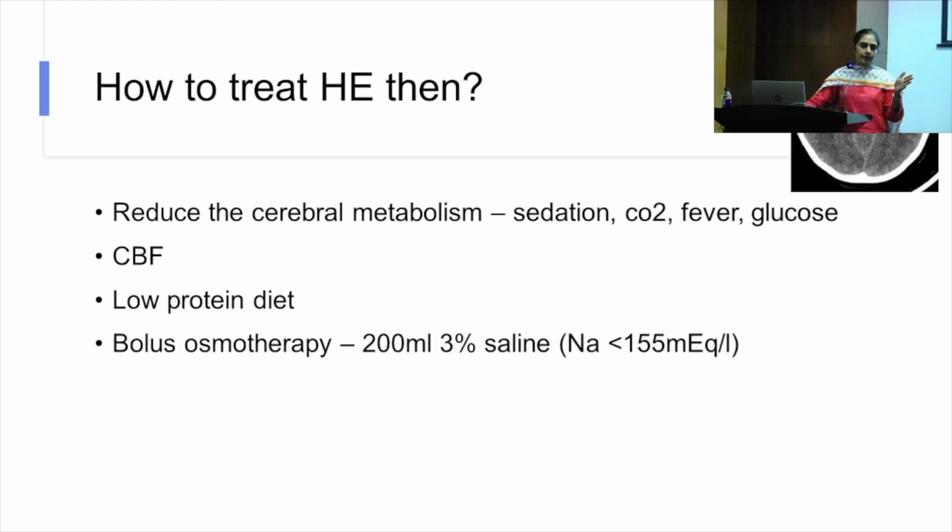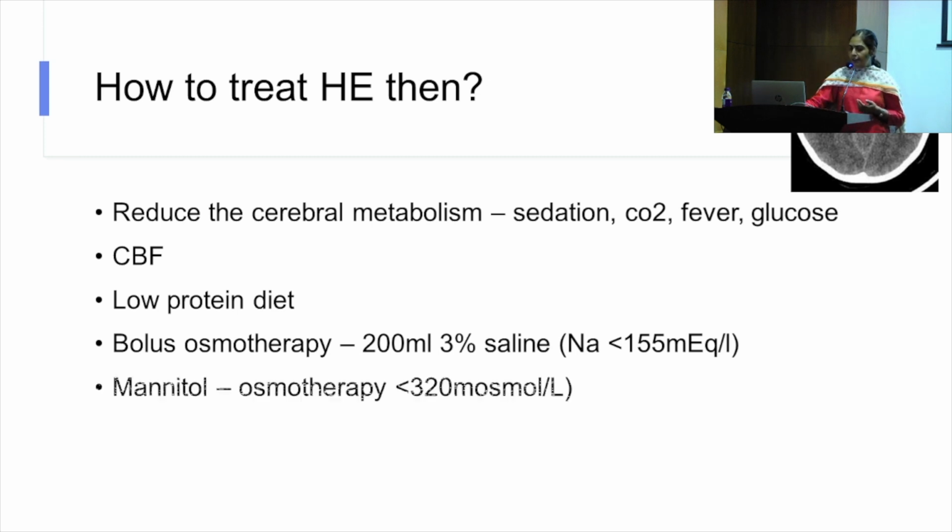And osmotherapy. So osmotherapy would be your main weapon here to manage the raised ICP in hepatic encephalopathy. Both mannitol or 3% saline. 3% saline is better because these patients are at risk of HRS. So 3% saline in boluses would be the recommendation, targeted up to 155.